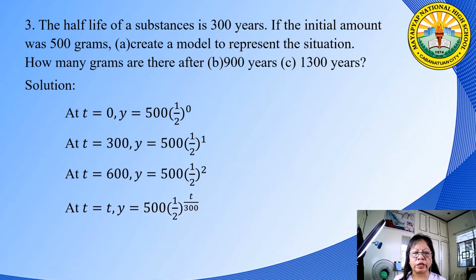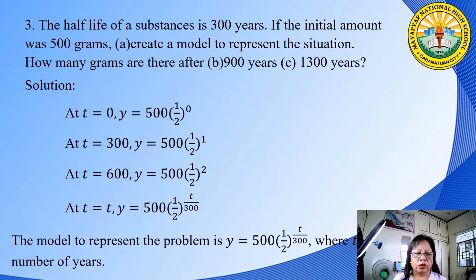At t equals t, y equals 500 times 1/2 raised to t over 300. So the model to represent the problem is y equals 500 times 1/2 raised to t over 300, where t is the number of years.